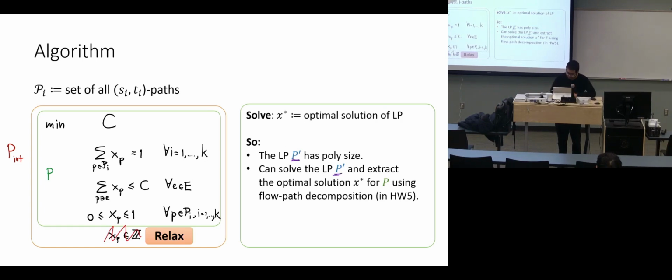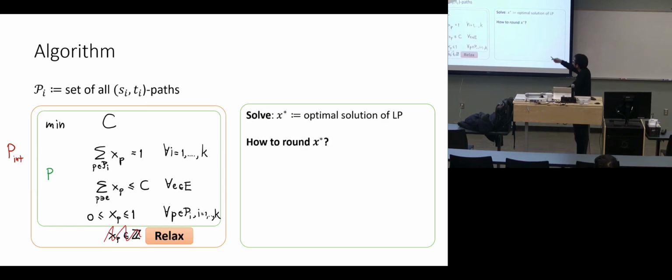After you solve P prime, you extract the optimal solution X star for this LP, and you get the optimal solution for this LP. Okay. Anyway, now we solve and get X star.